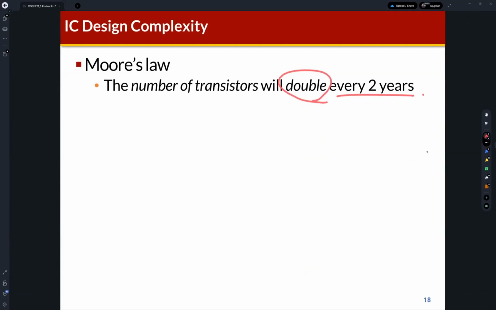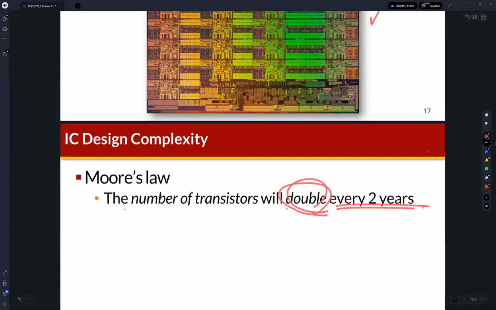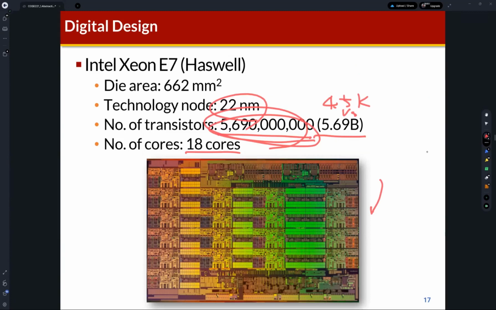Moore's law just says the number of transistors will double every 2 years. You can think this is very simple and not a big deal, but it's a very big deal, right? The modern processor includes billions of transistors.